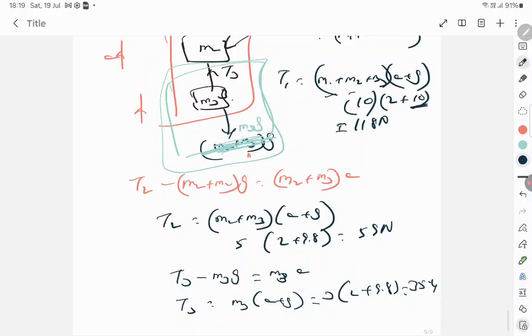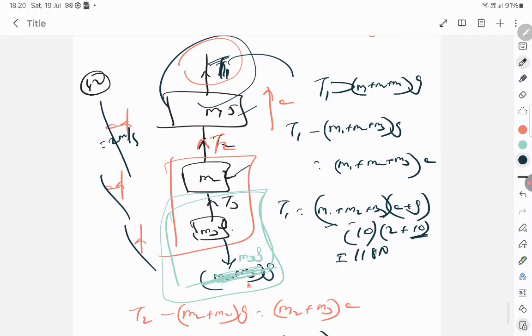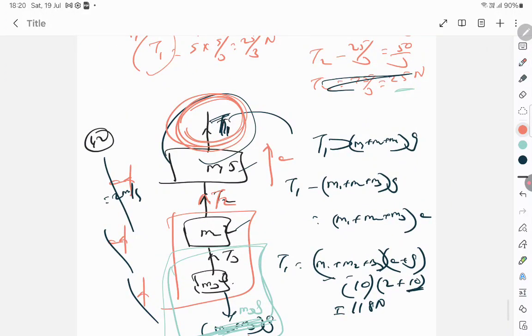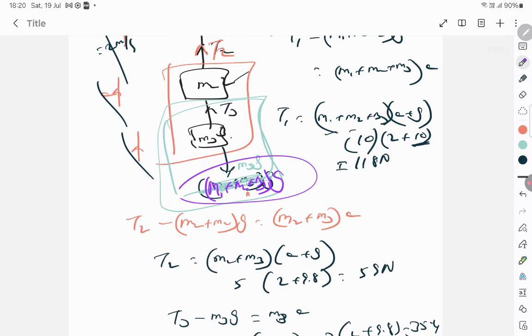When the whole system is stationary, the acceleration will be 0. Up is equal to down. Then you know that the up for every value, the T1, I'll do it in purple color, will be equal to M1 plus M2 plus M3 into G if it's going to be in equilibrium.